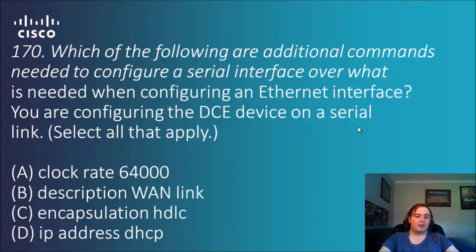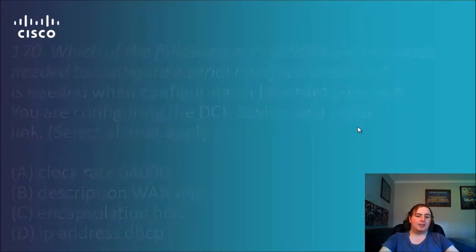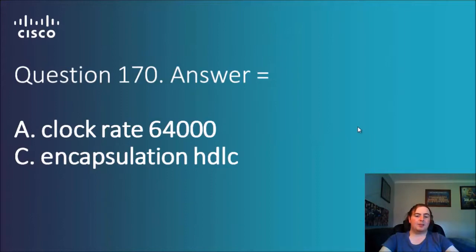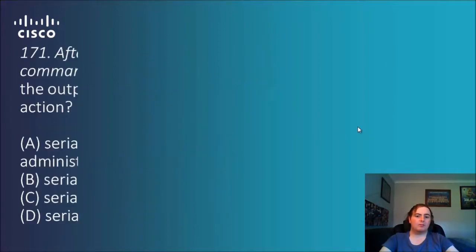So we've got clock rate 64,000, describe WAN link, encapsulation HDLC, IP address DHCP. In this case, when you are controlling the DCE, which is the data communication equipment, you've got to do A and C, clock rate 64,000 and encapsulation HDLC.